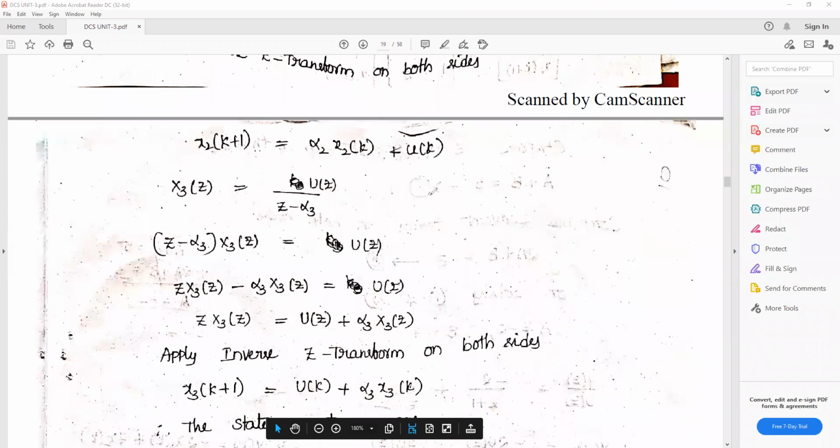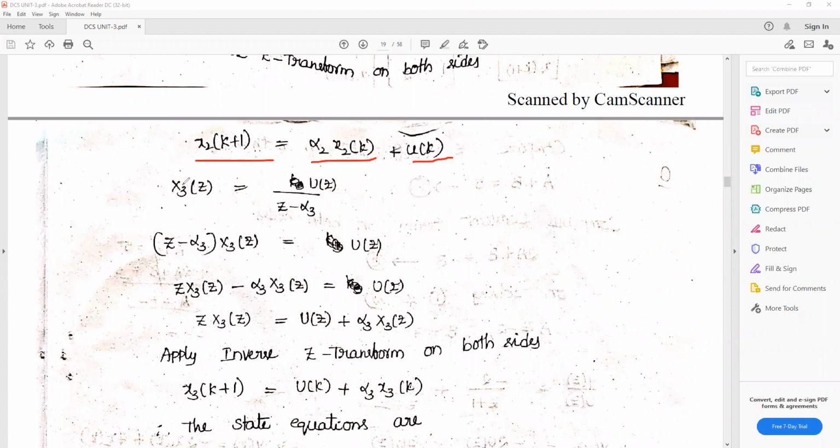So x2 of k plus 1 is equal to alpha 2 x2 of k plus u of k.